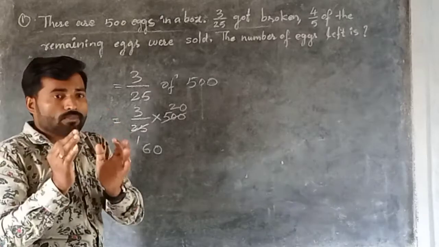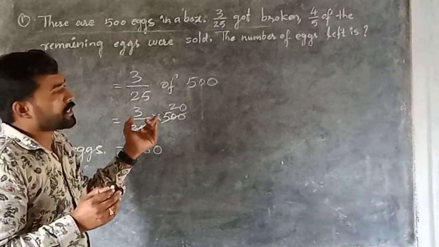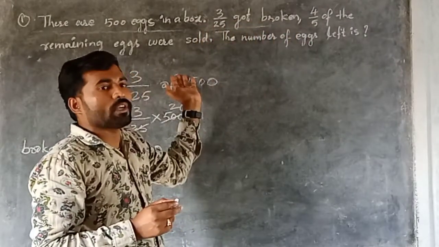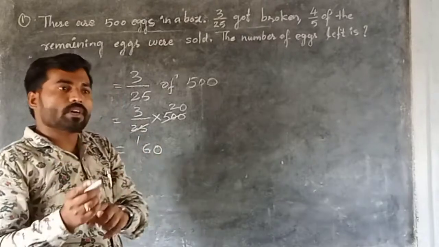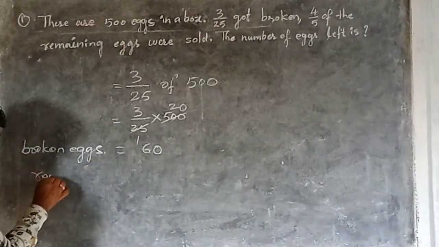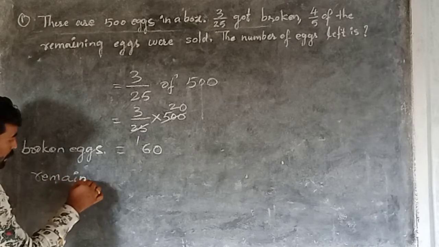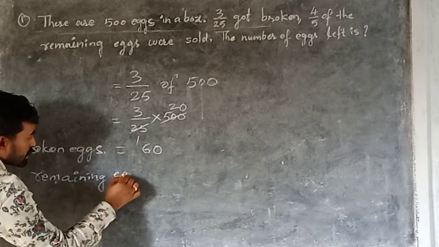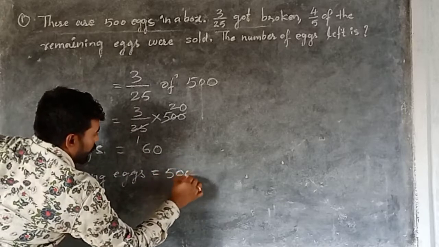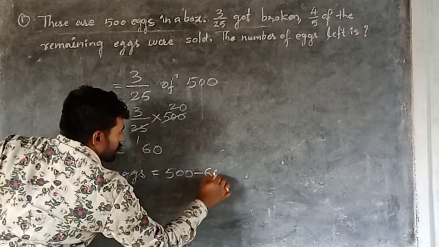Why should you find the remaining eggs? Because 4 by 5 part of the remaining eggs only were sold. That is why you need to find out the remaining eggs. Okay, let us find out remaining eggs. Subtract. Total eggs are 500. Broken eggs are 60.